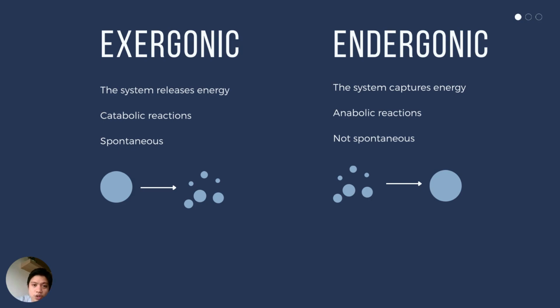Okay? So examples of catabolic reactions would be yung glucose molecule. You break it down into smaller sugars, for example, pyruvate, and by converting it into pyruvate, you release energy. An example of an endergonic reaction would be making fats.